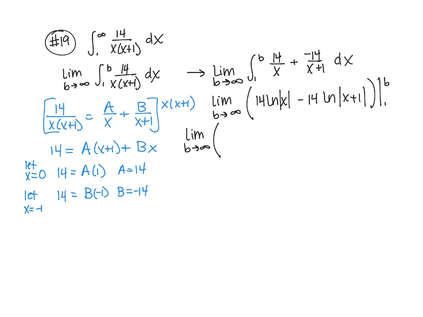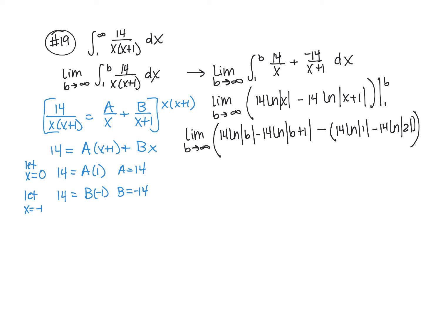We would be doing the limit as b approaches infinity of 14 times the natural log of the absolute value of b, minus 14 times the natural log of the absolute value of b plus 1, minus 14 times the natural log of 1, minus 14 times the natural log of 2.